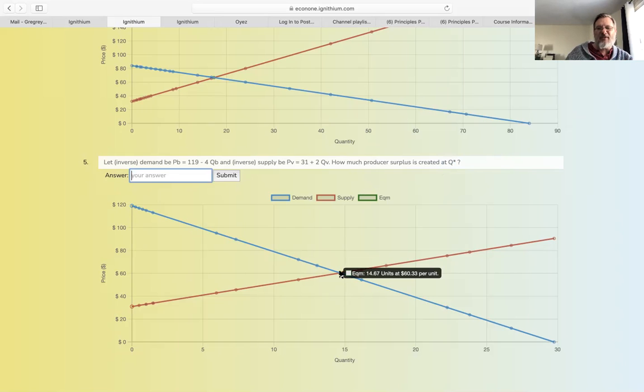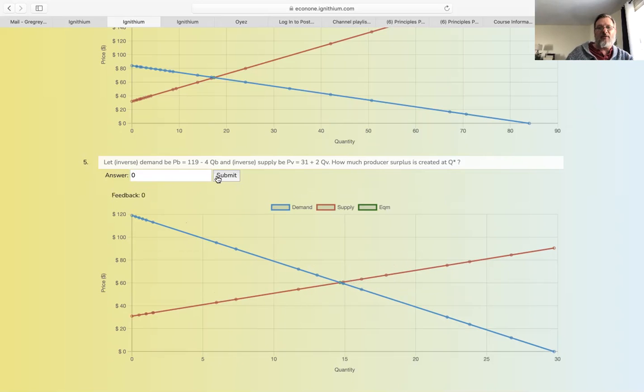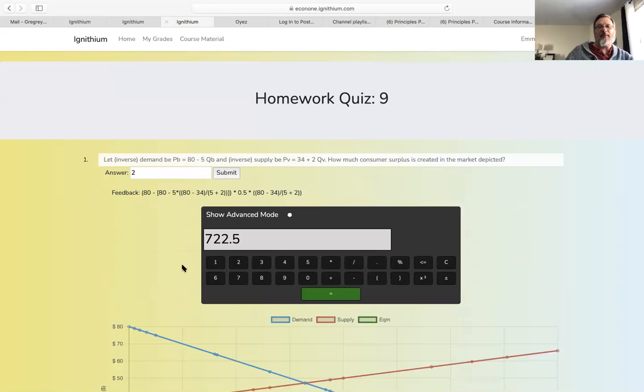Imagine it's like millions of pounds of marijuana or whatever the units are. But whoever produces that last pound, remember, the height of the supply curve is their cost. So there's no surplus for that producer, because it costs them $60.33 to make it, and they get to sell it for $60.33. So I'm going to put in 0, and there we go. That one's a little bit tricky.